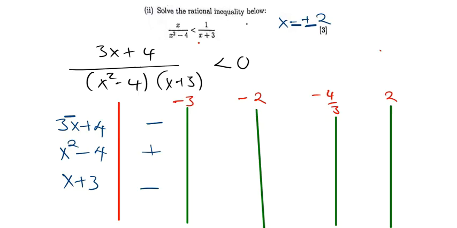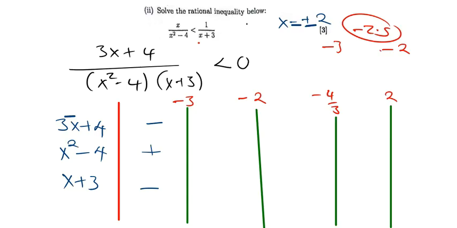Any number that you can think of. Well, that would be something like a fraction, right? Because negative 3 and negative 2. So maybe negative 2.5 is a number in between. So if you plug in for this part, negative 2.5 times that is going to be greater than 4.